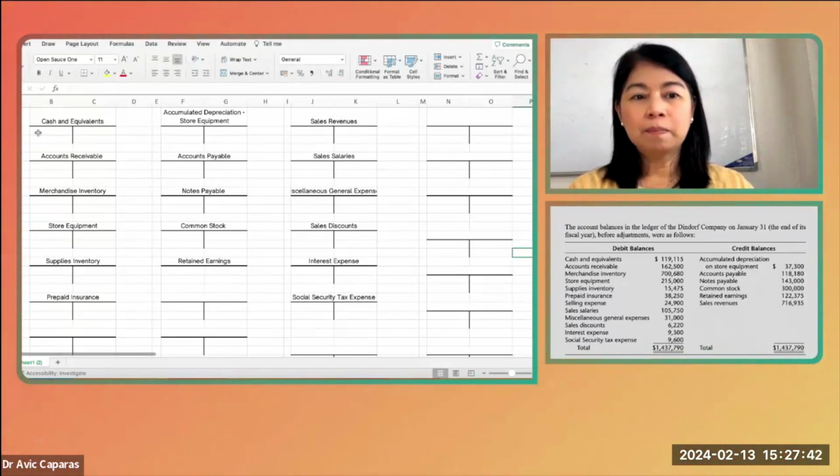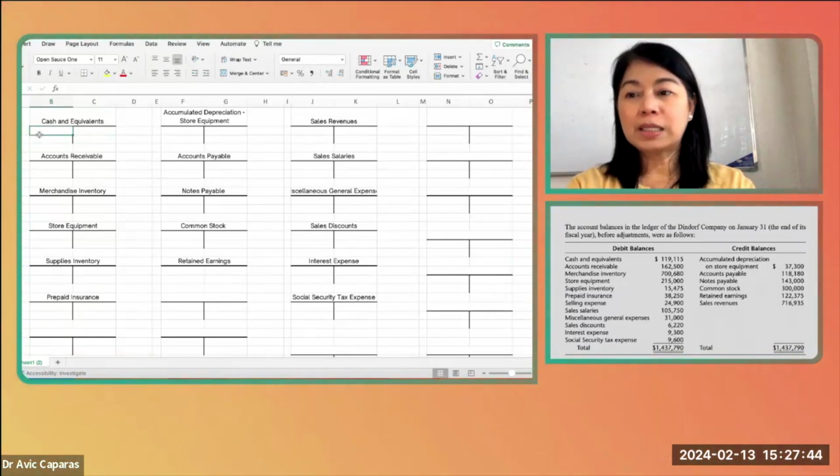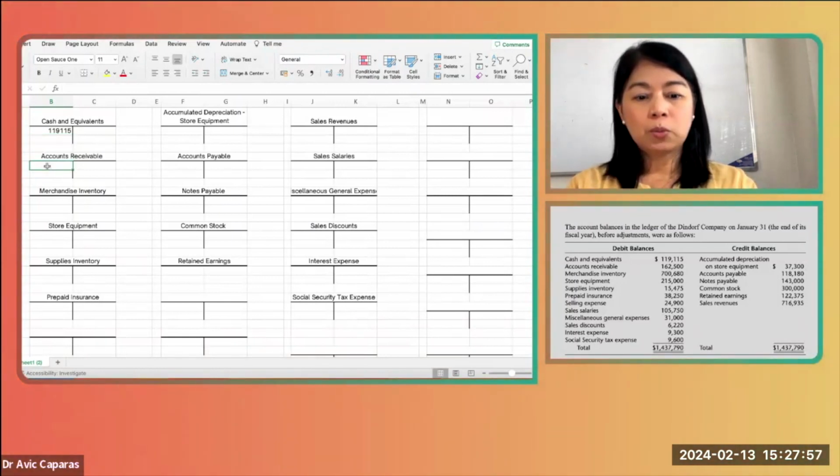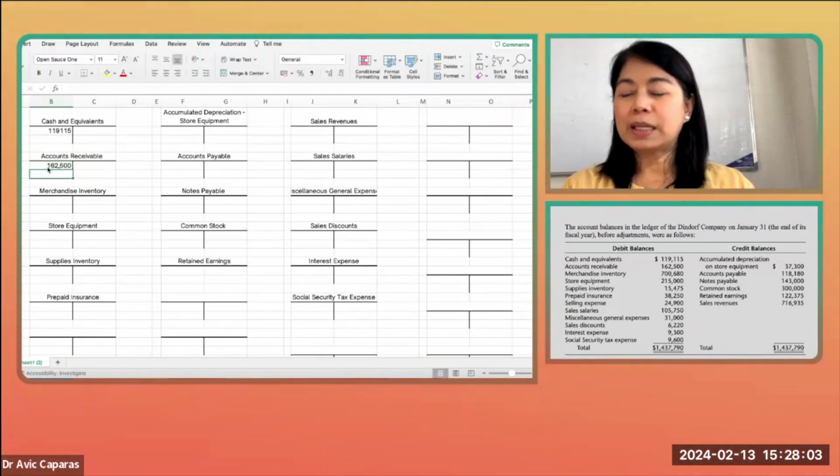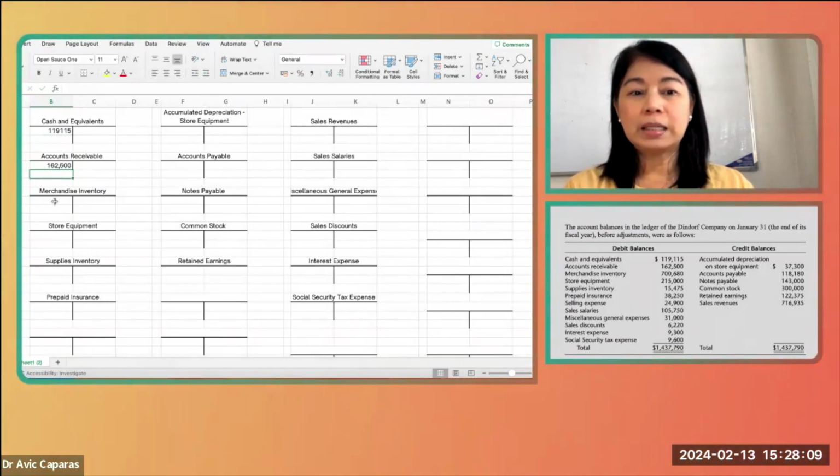As I read it, cash is a debit balance, so I put it on the left side, 119,115. Accounts receivable, again an asset, normally a debit balance, left side. So that's 162,500. Merchandise inventory, which is an asset, debit balance of 706,800.